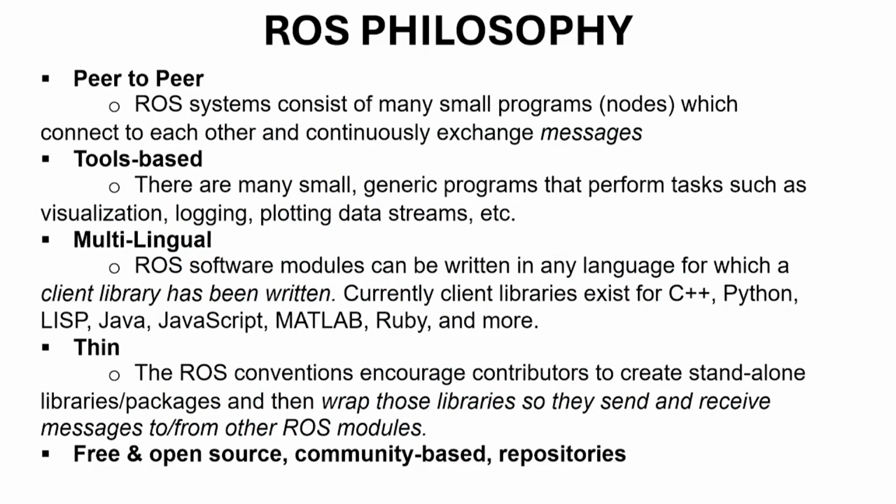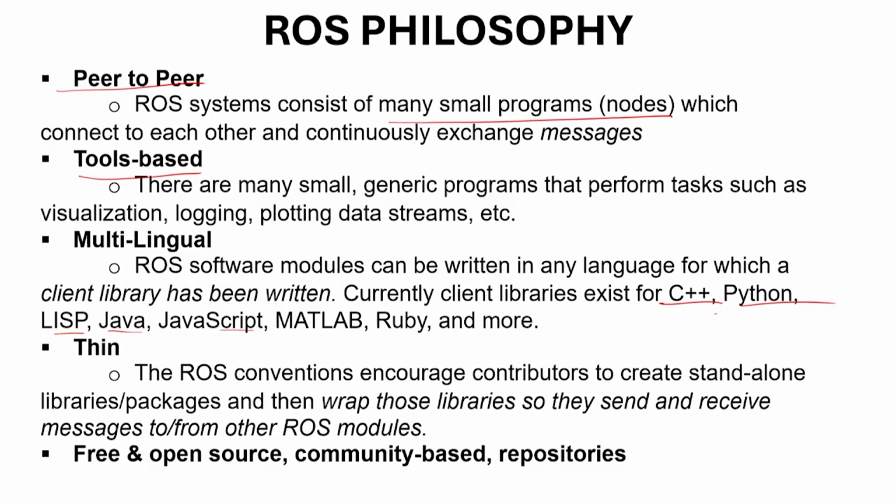So, the philosophy of ROS is that it is peer-to-peer. First of all, it can consist of many small programs or nodes which connect to each other and continuously exchange messages. Then it is tool based, with many small generic programs that can perform specific tasks. It can be multilingual also: C++, Python, Lisp, Java, JavaScript, MATLAB, Ruby.